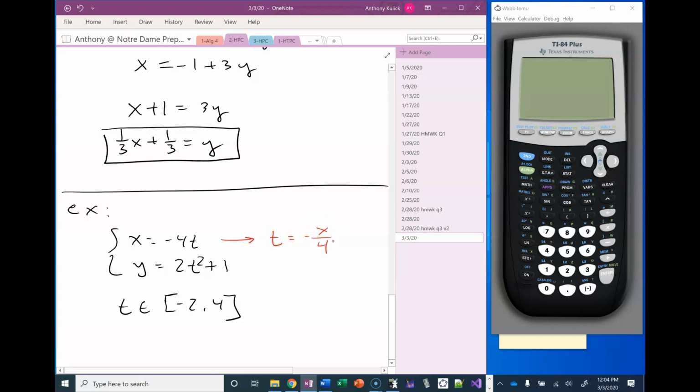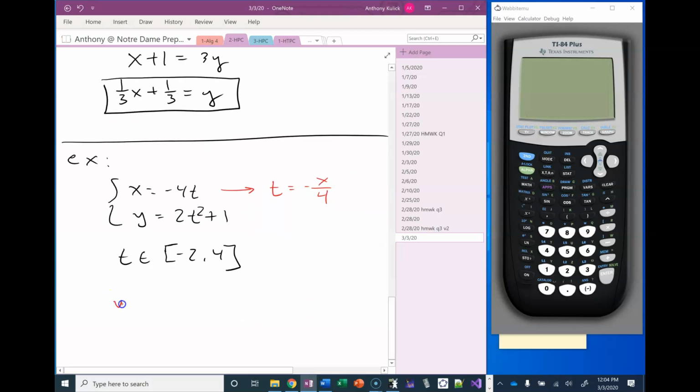So when I solve for t, I get that t is equal to negative x over 4. Everybody's good with that? So if I substitute that now into the y equals equation, I get 2 times negative x over 4 squared plus 1.